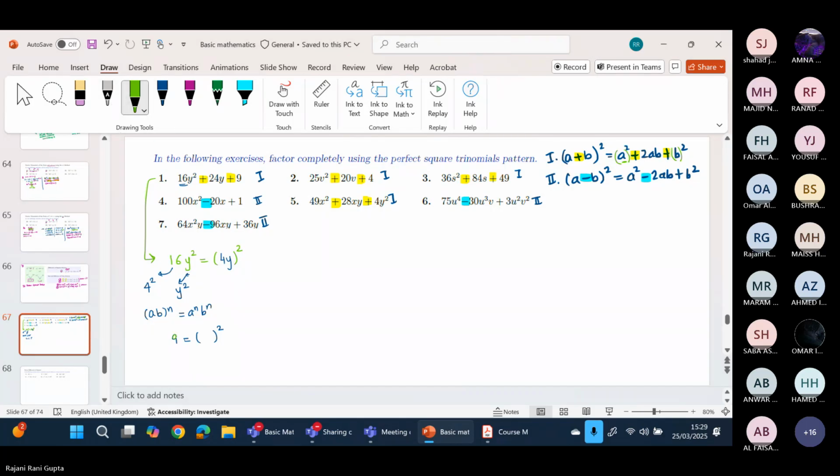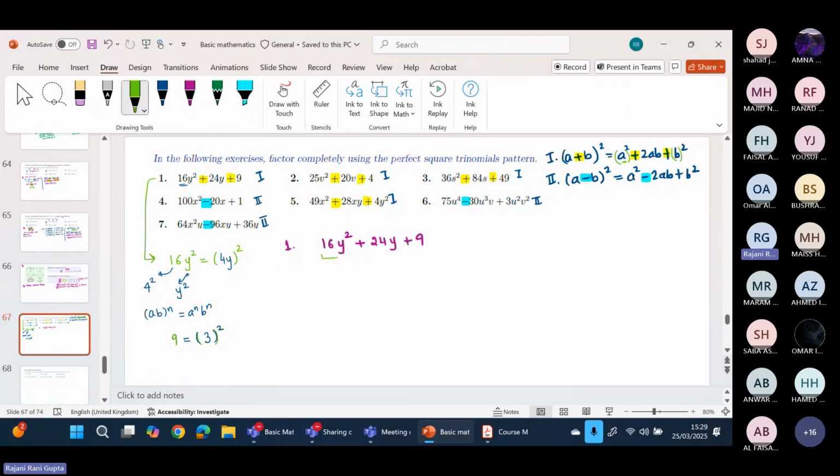9 I can write as which number power 2? 3. Good, correct. So, now take the question. Your question number 1 is 16y power 2 plus 24y plus 9.